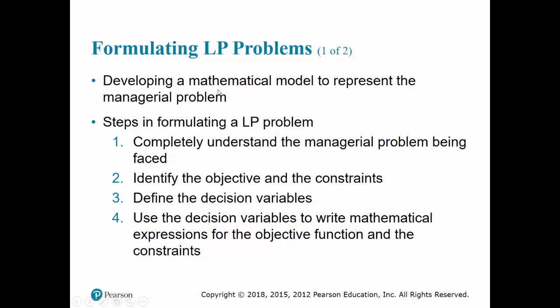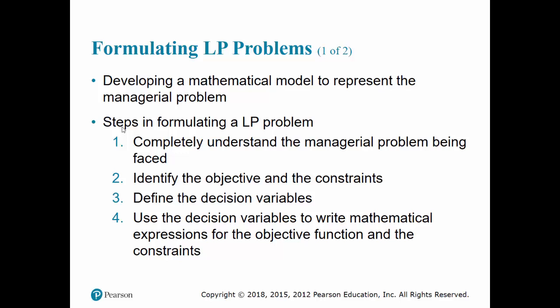From the previous chapter, when we formulate linear programming problems, remember this is more of a critical thinking exercise rather than application of some formula. These steps are broad guidelines. The first two steps involve more macro level understanding of the problem: what the problem is about, what the objective is, and what the constraints are.